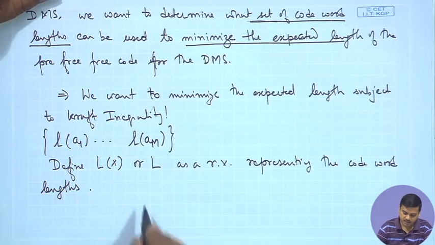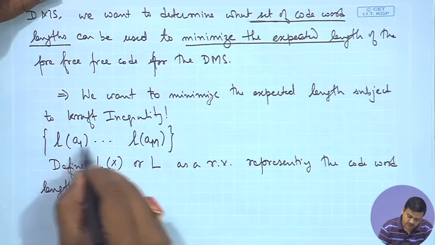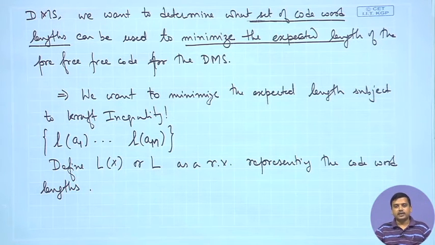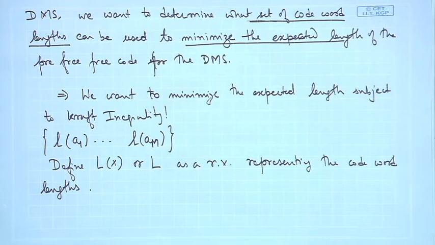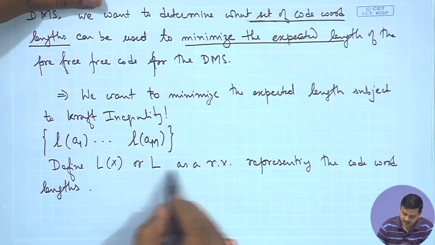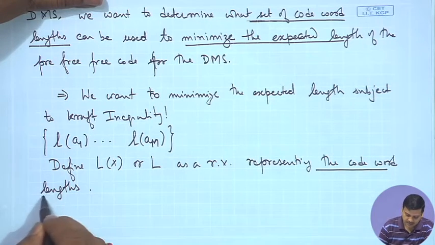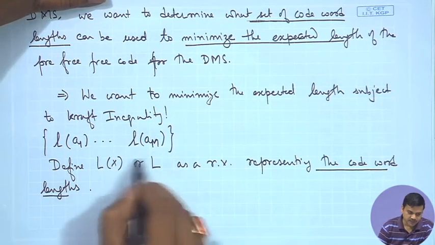So, that means this could take any value. If I have, let us say, 3, 5, 6 and 7 as 4 possible lengths, then I could say that capital L chooses any of these values of lengths, right. So, this is basically the random variable representing the code word length selected from this set.